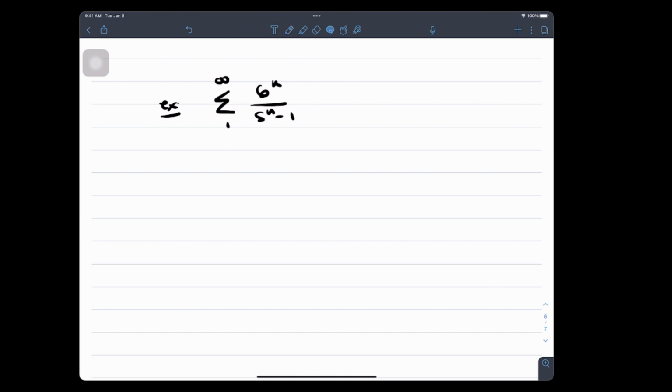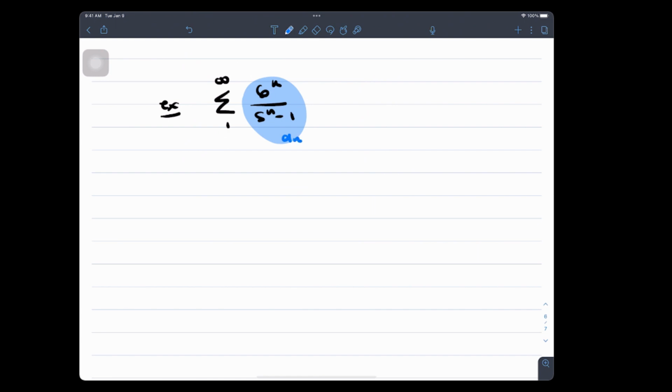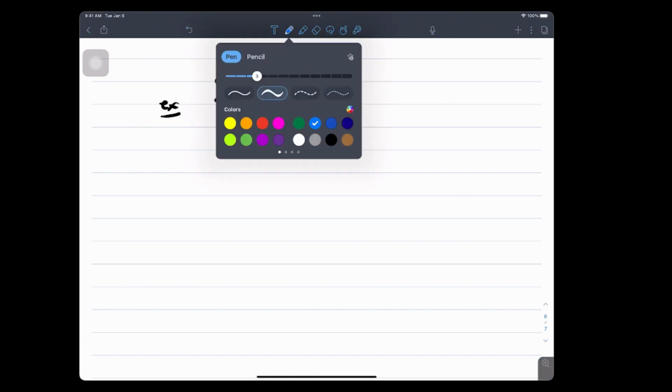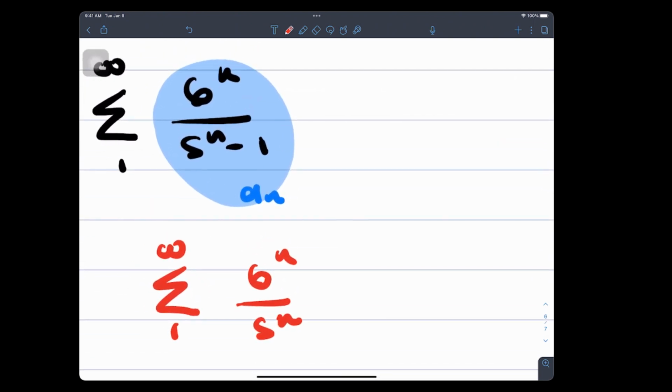Okay. So we're going to take a look at this series. This is my a_n. And then we say this series behaves like, what happens when you remove your constant in the denominator. Right? This is what I just said here, right? We're going to remove that -1 here.